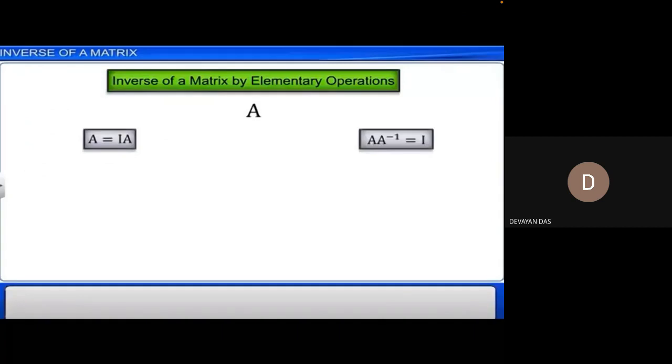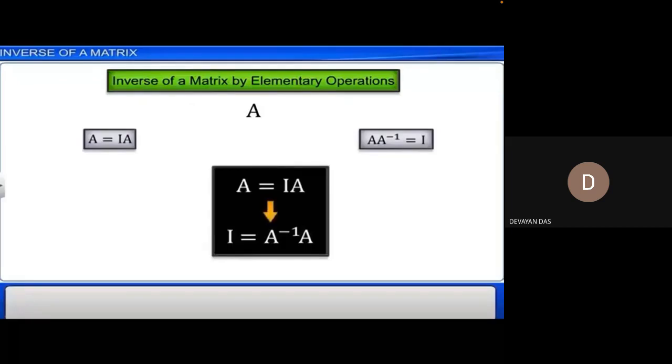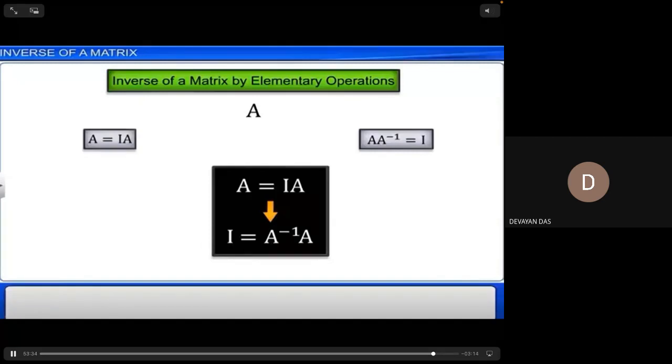So let us consider a matrix A. A is equal to I into A, or A into A inverse is equal to I. A is equal to I into A means I is equal to A inverse into A. So here, concentrate on this point.